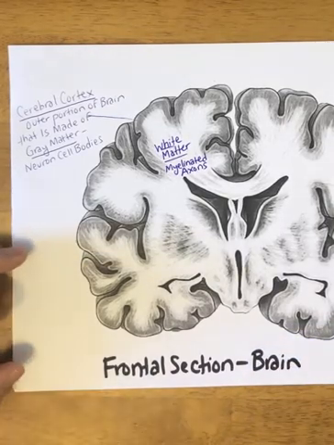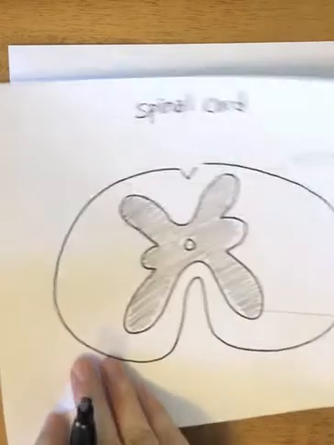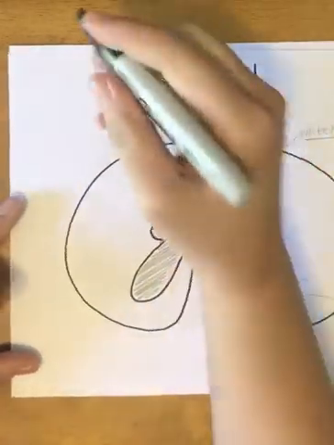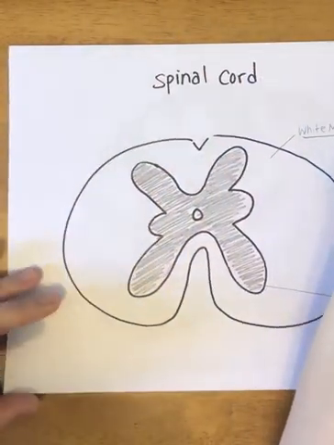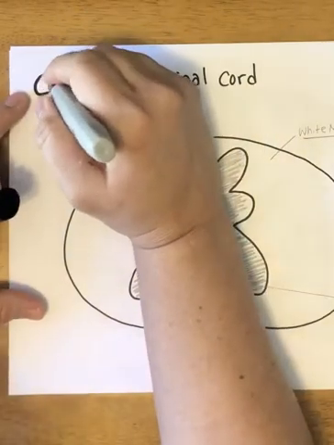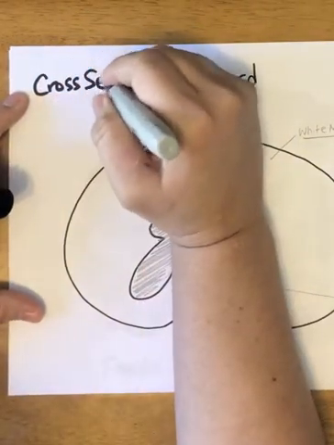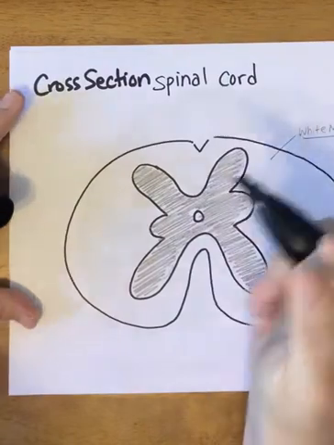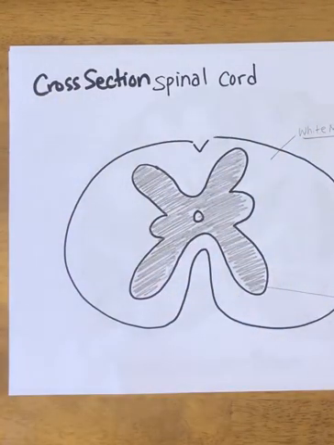If we wanted to actually label the spinal cord, this is a cross section of the spinal cord. So we will be using these pictures again. We'll be adding to them, but this is just over white matter and gray matter.